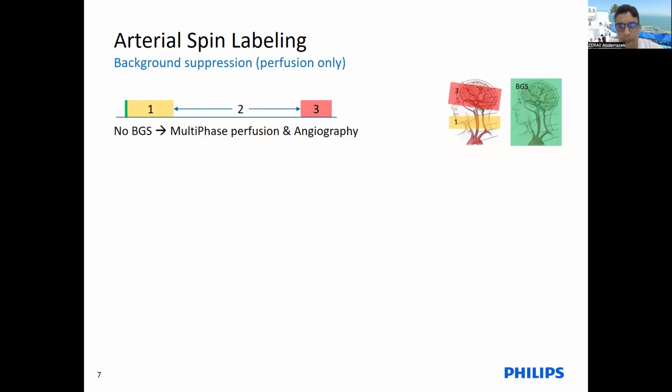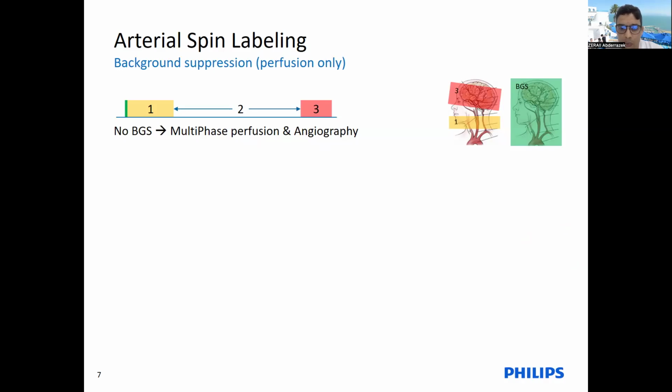ASL perfusion imaging is a very sensitive technique. The labeled blood imaging, which is the label image, represents only 3% of the signal content. With background suppression, shown here in green, as you can imagine, physiological variation between the label and the control image can be of the same order of magnitude.